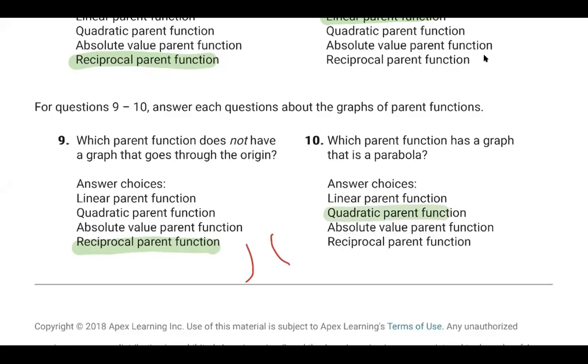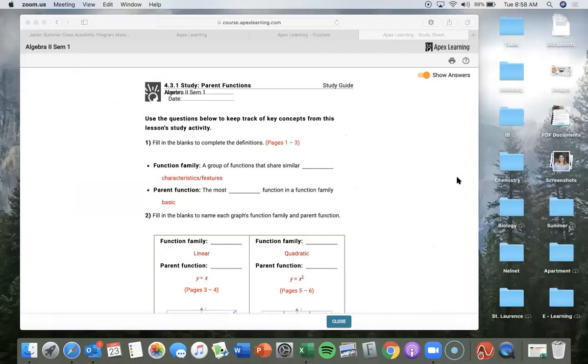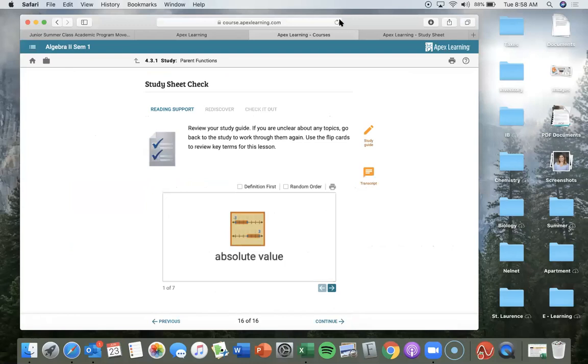And again, I hope this unit isn't super difficult, but the point is for you to be able to use this, because in the next lessons we're really modifying those and figuring out how to make changes to these parent functions.